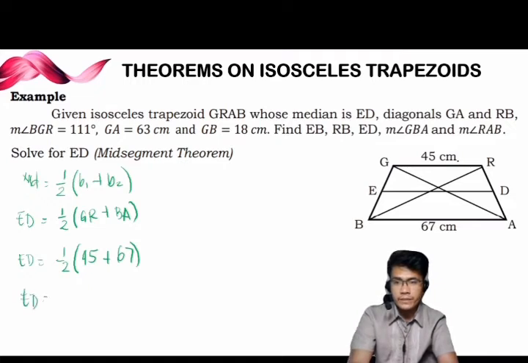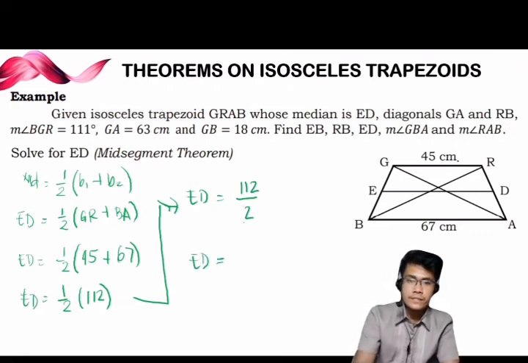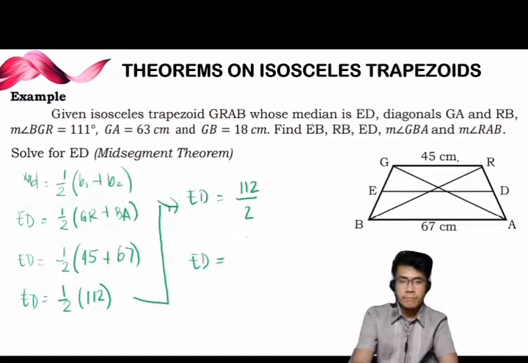Add what is inside the parentheses: 45 plus 67 is 112. 1/2 times 112 is 112 over 2, or 112 divided by 2, which is 56. Do not forget the unit of measurement, centimeters. So the measure of the median is 56 centimeters.